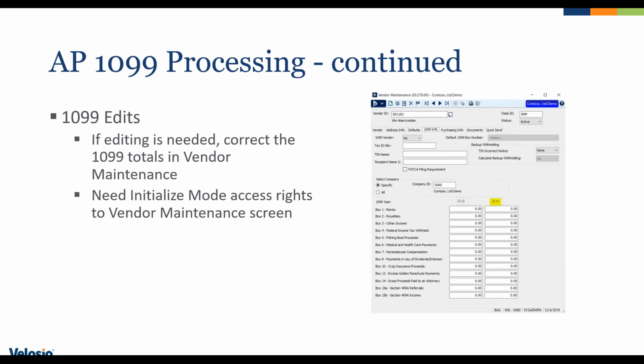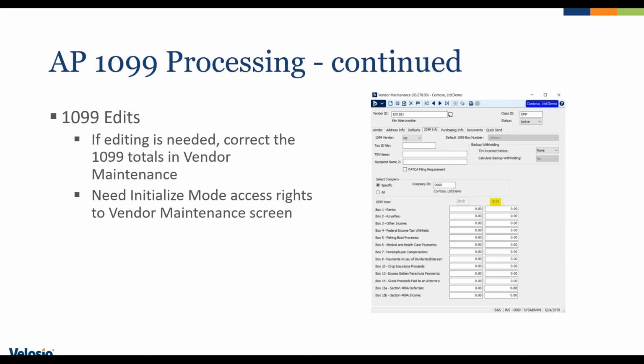If it's determined that the 1099 information is not accurate, maybe you had a voucher that wasn't coded with the 1099 box number, or maybe the vendor wasn't flagged as a 1099 vendor for the whole year and they should have been, any changes that you make to that sort of setup are only going to impact the system going forward. It's not retroactive.